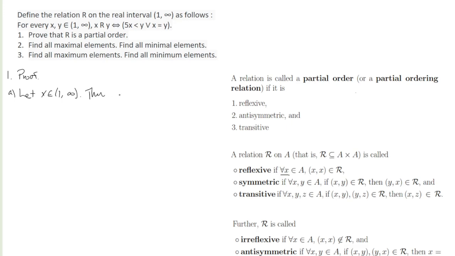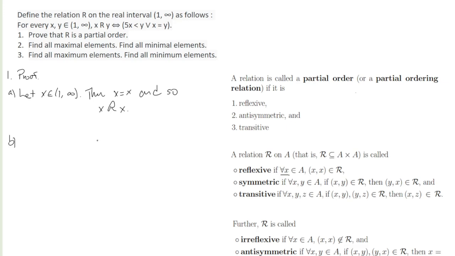Then x equals x, if you want to say that. And so x is related to x. And we're done, because that's the second part. That's this whole thing right here. Because of that, we automatically get reflexivity. There's really nothing to do for reflexivity.